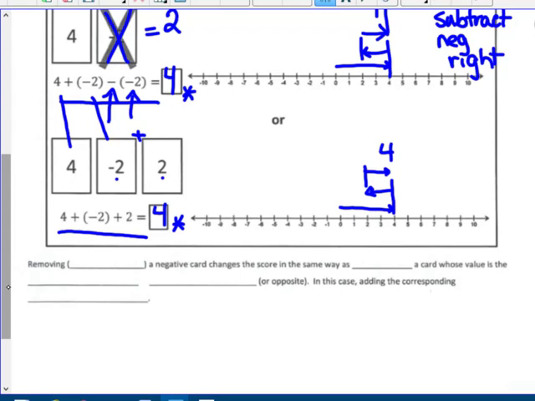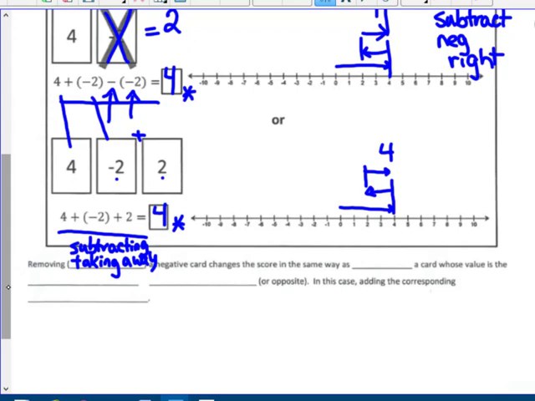So removing or subtracting, as we wrote the last time, subtracting, taking away, it's another way you can say subtracting. A negative card changes the score.